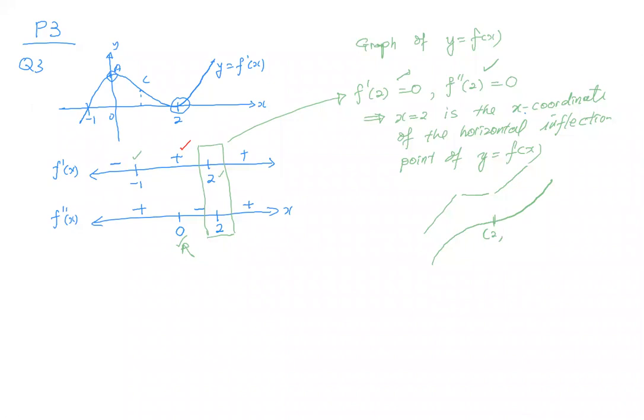So at the beginning, f x is going down. You don't know the position of f x, you just say f x is going down, turn at x equal to 1, then after that it goes up.